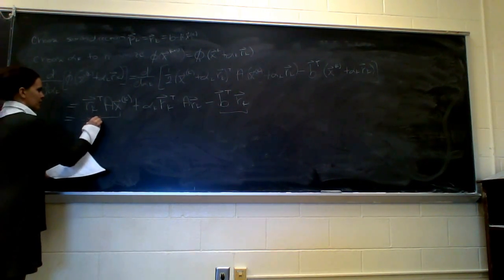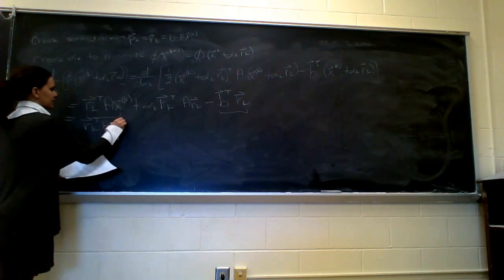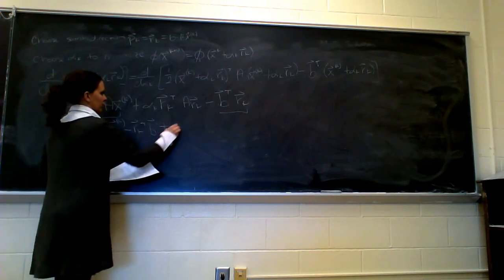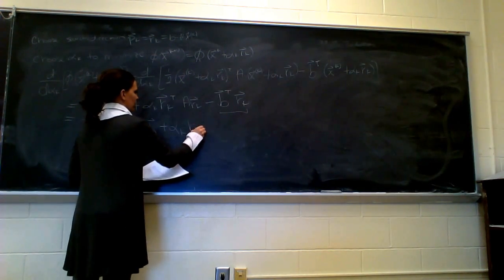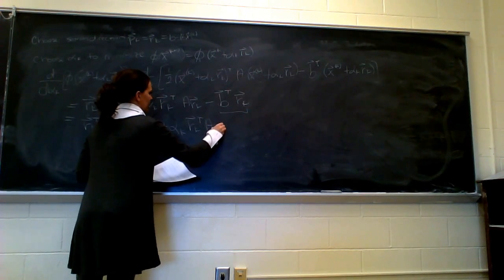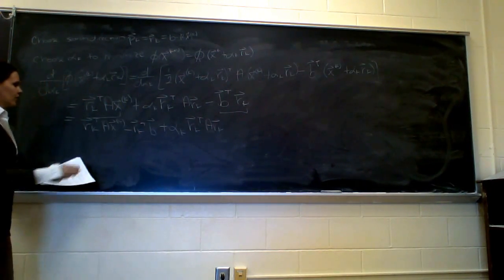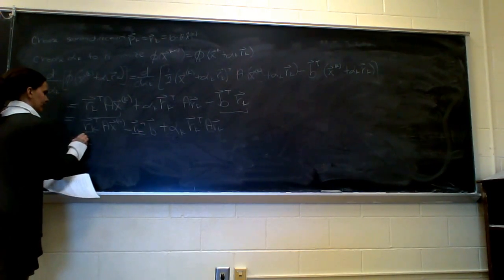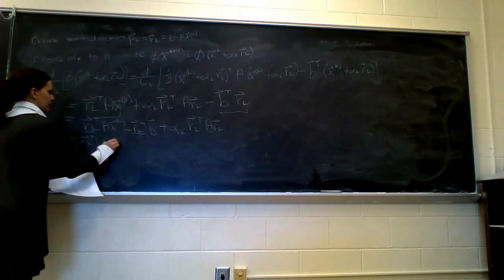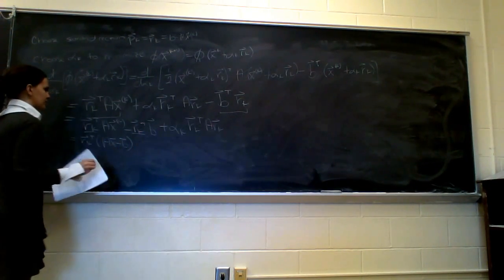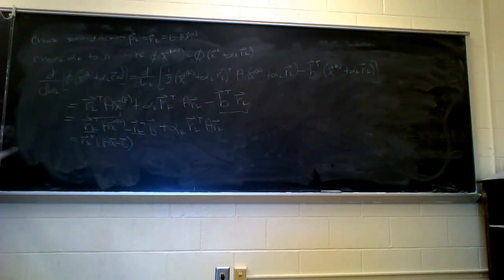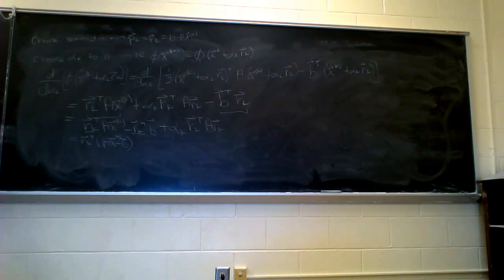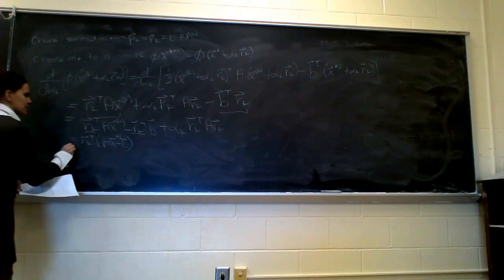So I have r k transpose A x k minus r k transpose b plus alpha k r k transpose A r k. I'm going to pull this r k transpose out on the left, and then I get A x k minus b, which is actually the residual, so I can rewrite it as r.